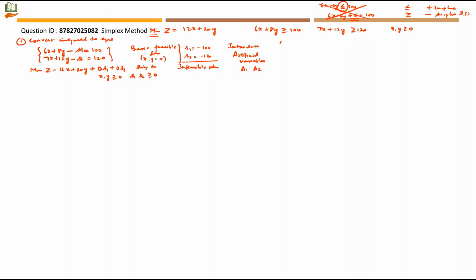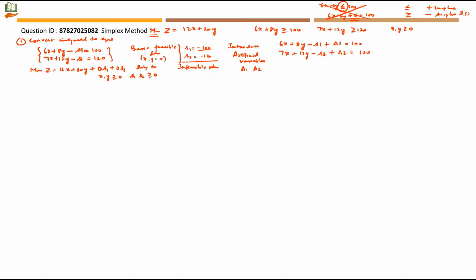So how will this equation be converted now? It is 6x plus 8y minus S1. In order to make this value positive, I am going to add the artificial variable as plus A1, which is equal to 100. Similarly, the second equation, 7x plus 12y minus S2 plus A2 equal to 120.